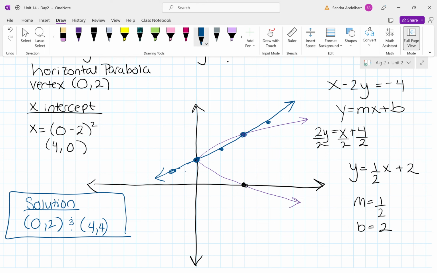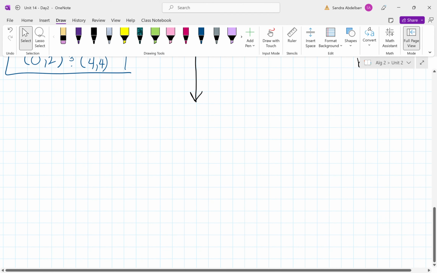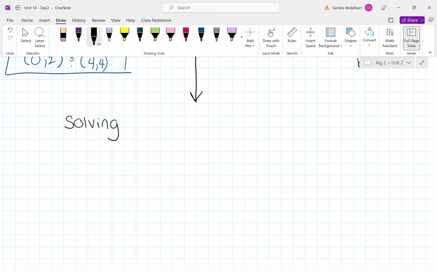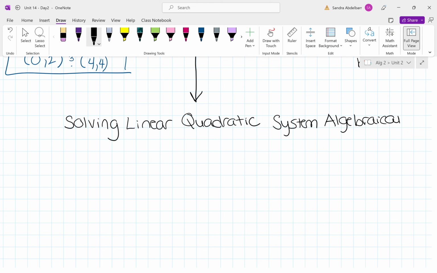All right, now we're going to talk about solving linear quadratics algebraically. Are we ready? All right, so I'm going to do a problem, and as I do the problem, I'm going to write out the steps for you.